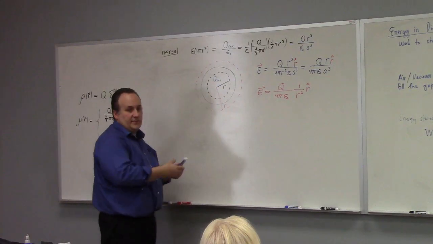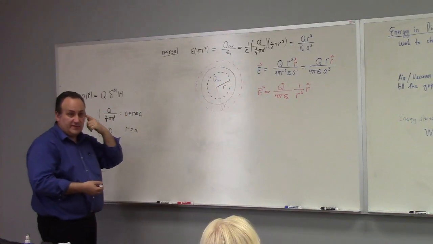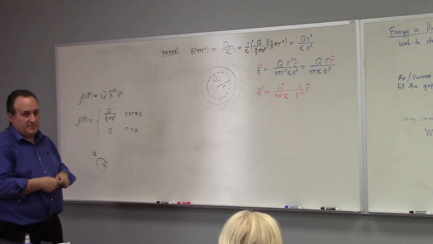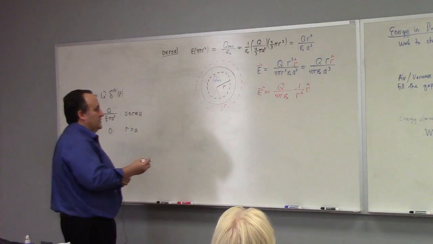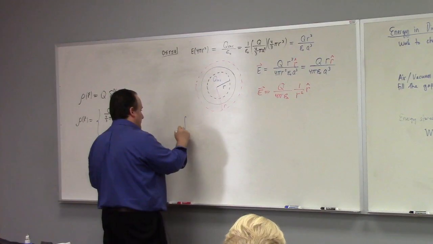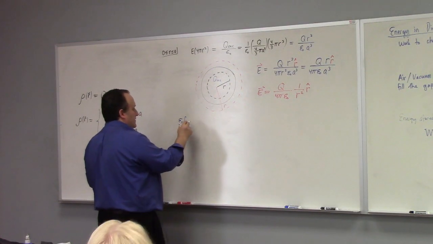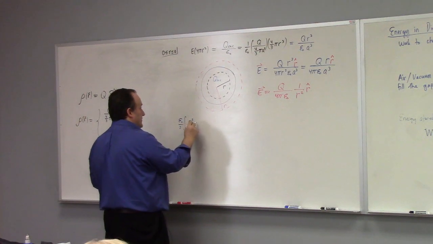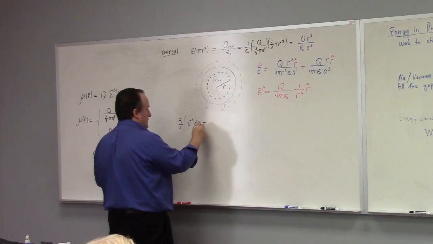So what's the energy stored in this situation? What's the total electrostatic energy of this system? I think he might call it the self-energy. Well, we can calculate the integral of epsilon naught over 2 E squared d tau, and what's that go?